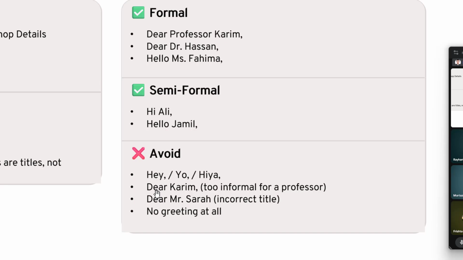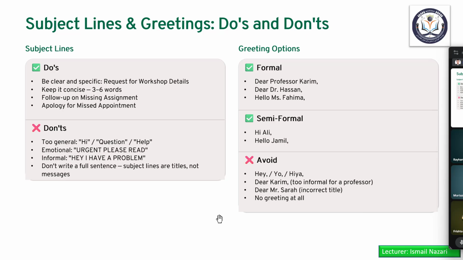So it is too informal, so we better avoid it. Or Dear Mr. Sarah, incorrect title. Can we say Mr. Sarah here? For example, for a woman, you use Mr. and for a man, you say Miss. Oh, so that's completely wrong. And often, no greeting at all. It is also one of the things we need to avoid.